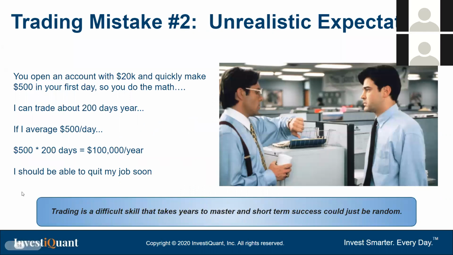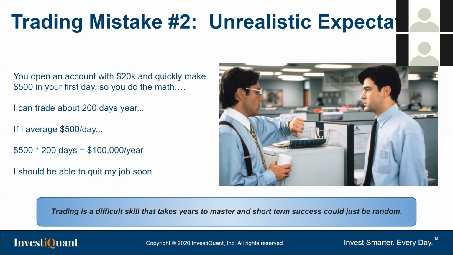The other mistake is simply having unrealistic expectations. And if you've had any success trading, then you've probably fallen into the trap of unrealistic trading expectations. I know I certainly did when I first got started. You start with a decent little winning stretch, and then you start doing the trader math on it.